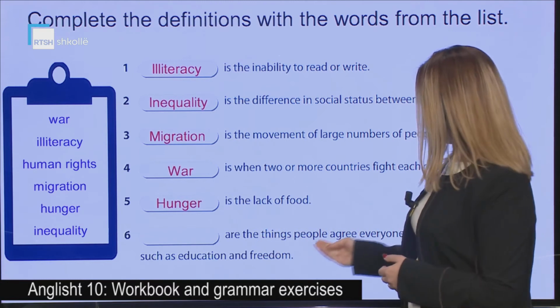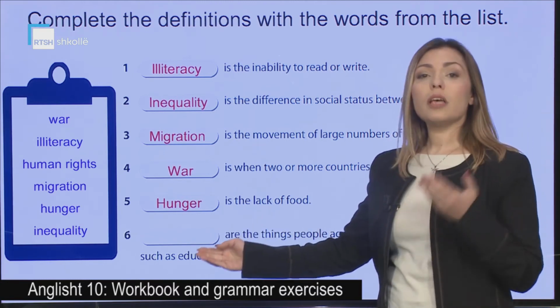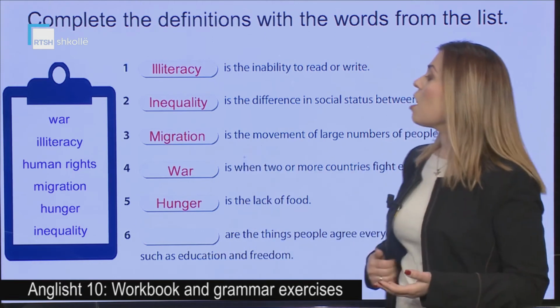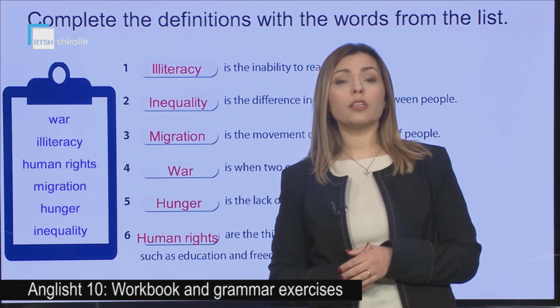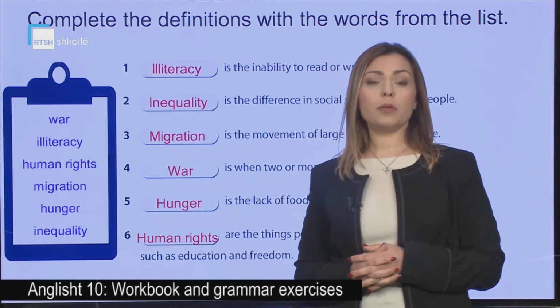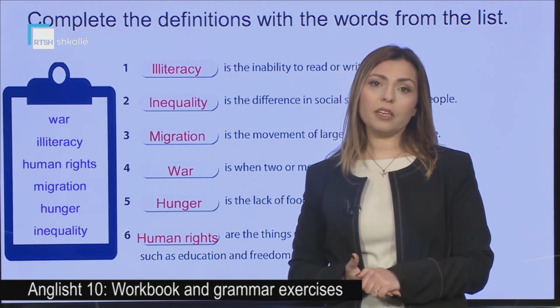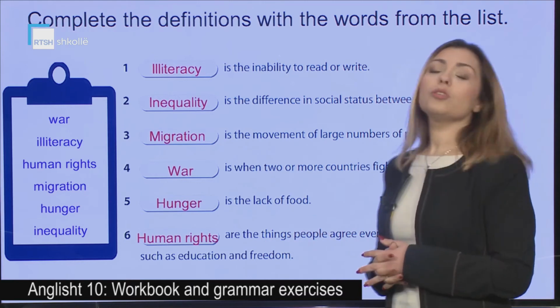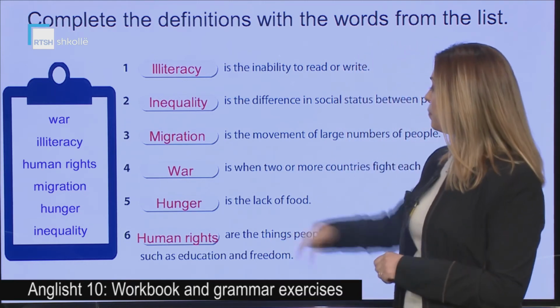The things people agree everyone should have, such as education and freedom, these are human rights. Every single person has the right to have education, to have freedom, to speak up his opinion, and of course to have the best education parents or the country can offer.